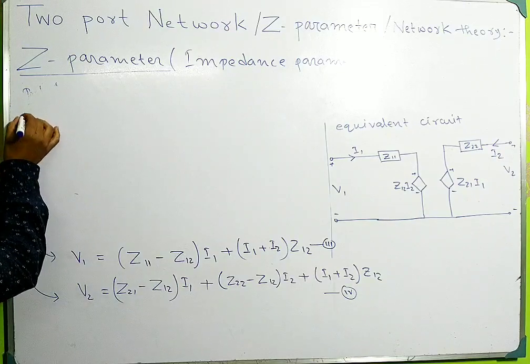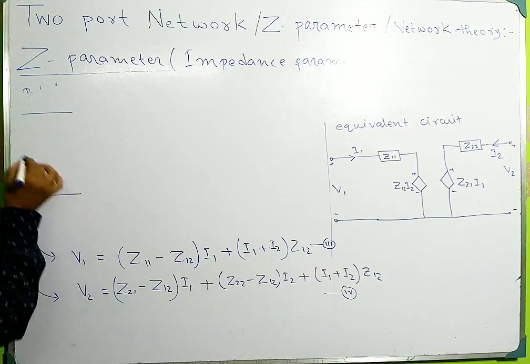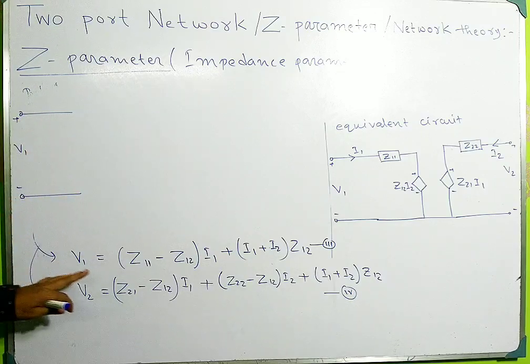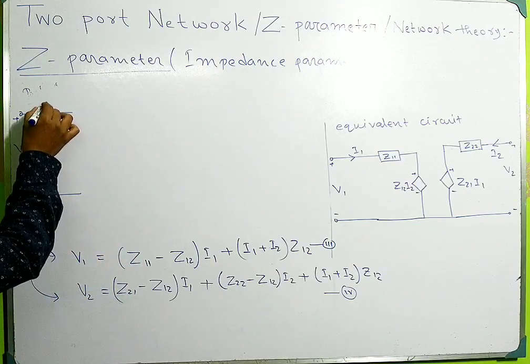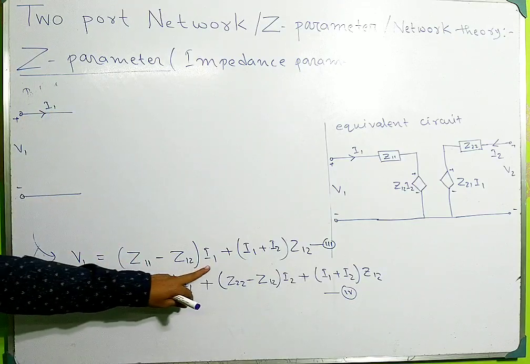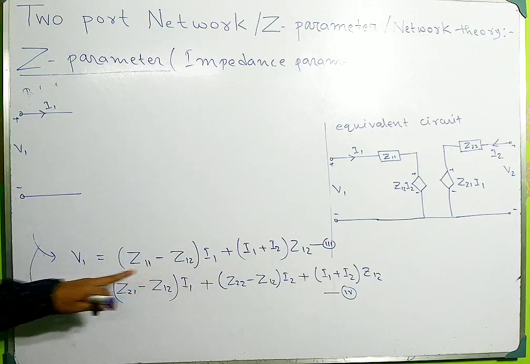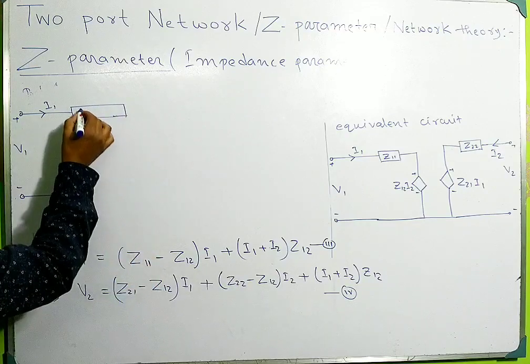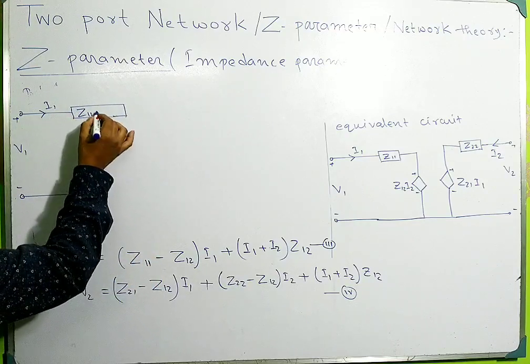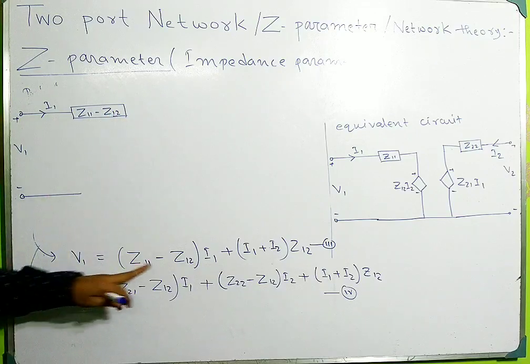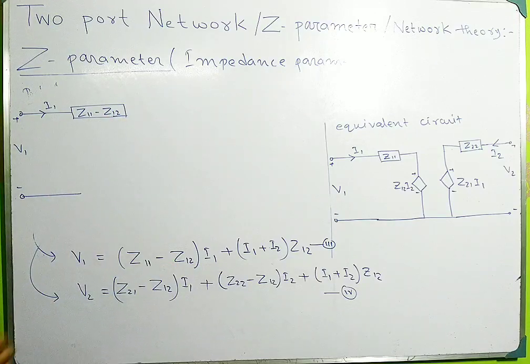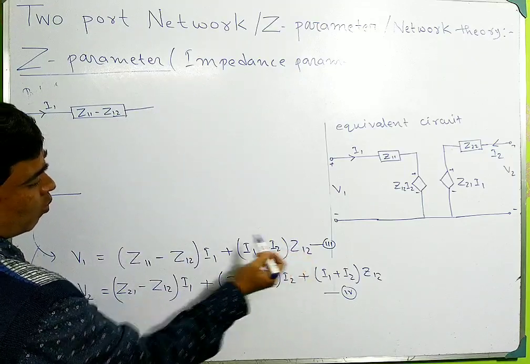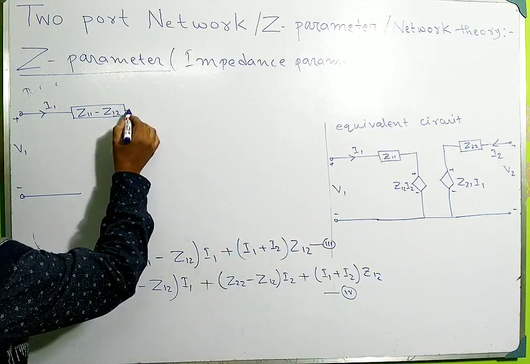Suppose this is the input V1, port 1, with plus and minus. The current through this port is I1, and there is an impedance Z11 minus Z12, and another impedance Z12.